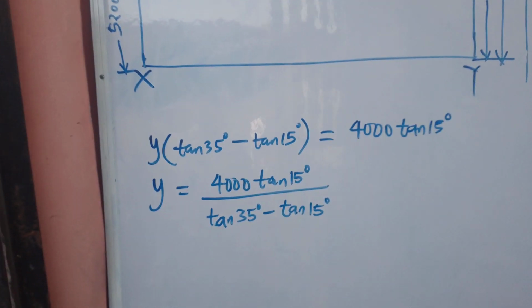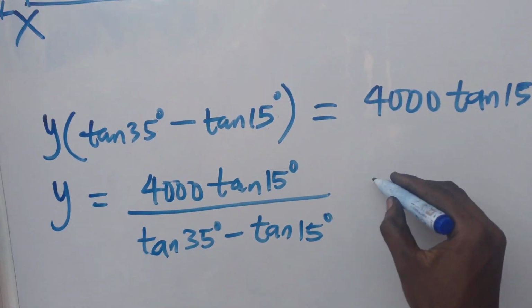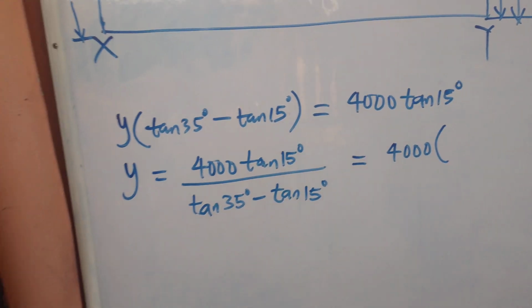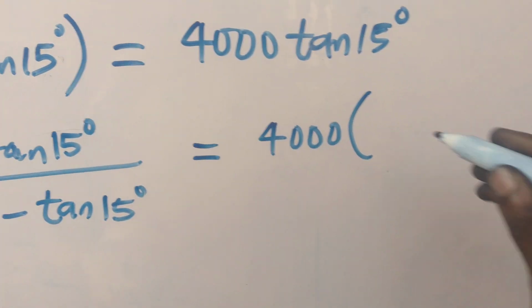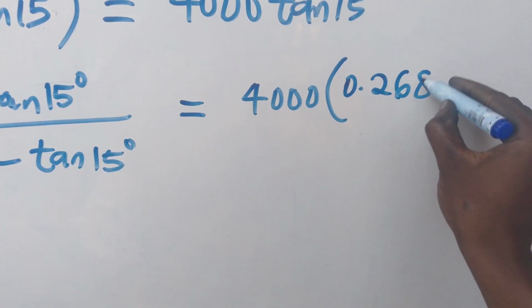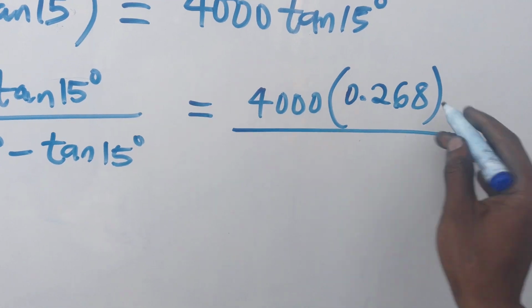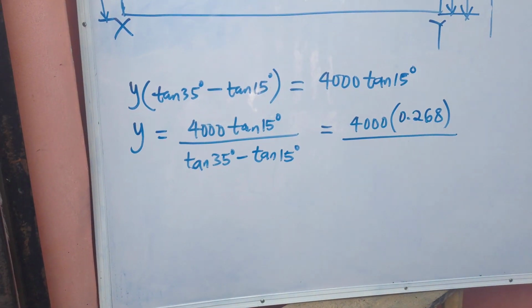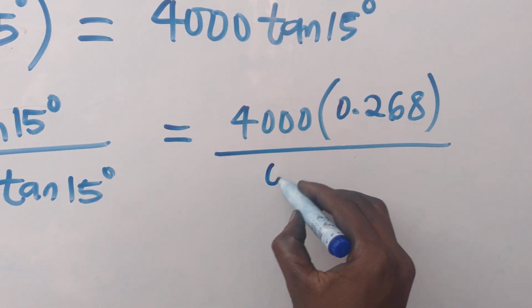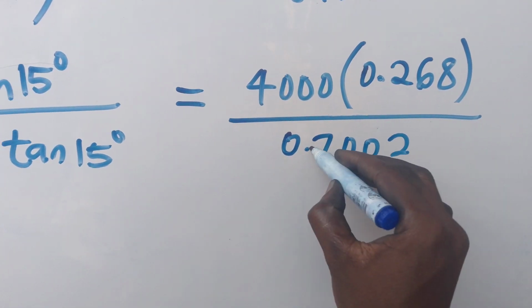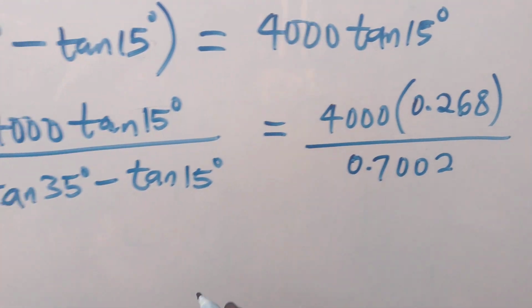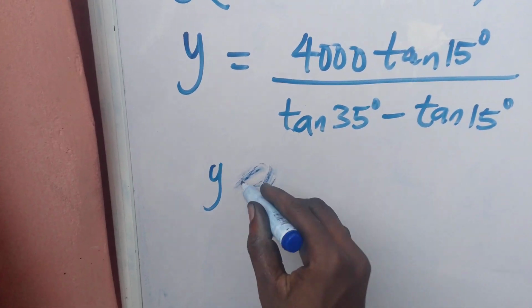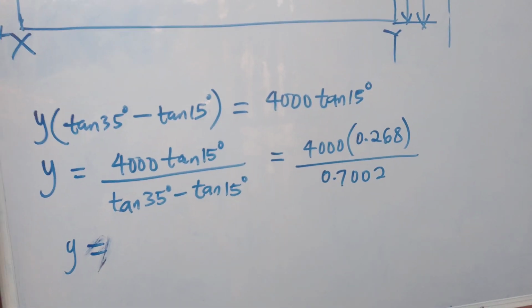So this now will give me y equals 4,000 times tan 15, which is 0.268, divided by tan 35. Tan 35 will give me 0.7002.